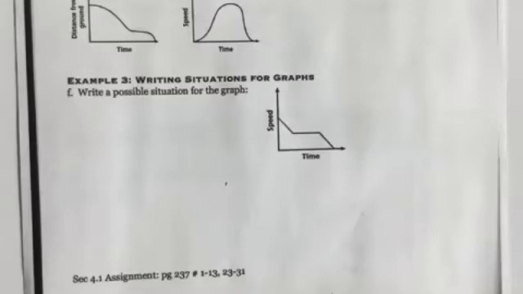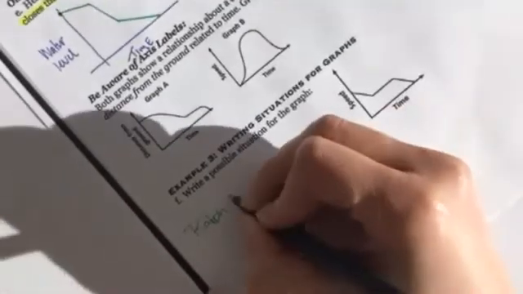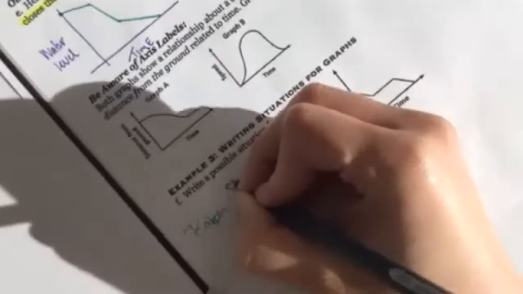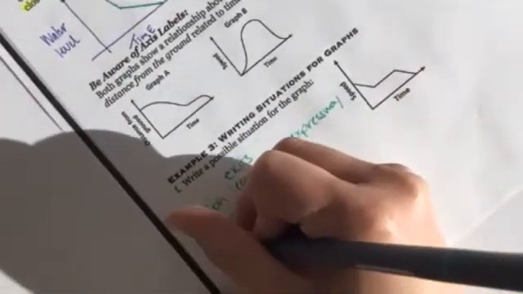Okay, so you could say maybe Ralph leaves the expressway. You could say exits, whatever you want to say. He slows down as he comes to a county highway.